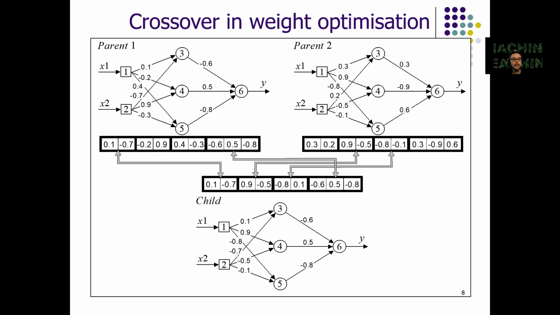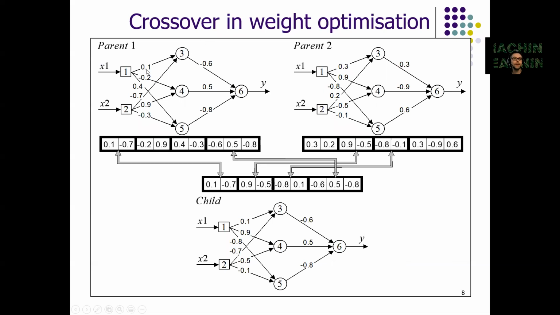And I have an example here. Parent 1 and parent 2 are randomly selected members of the population, configurations of neural networks, which can be used as parents in order to produce an offspring. And the process is explained in the figure. So you have to map the architectures into chromosome representations following the approach I presented before.